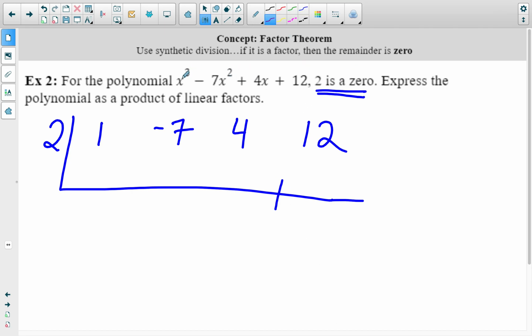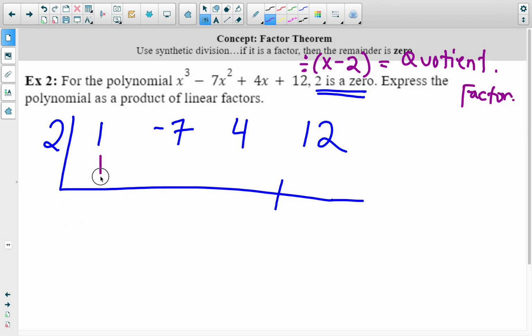This is like saying when we take this polynomial and divide it by x minus 2, if we were to do long division like that, we're going to get a remainder of 0. That's what it means, okay? What they want us to do is go ahead and do this division, figure out what the quotient's going to be, and then factor the quotient. Okay, they want us to divide, find the quotient, and then factor the quotient.